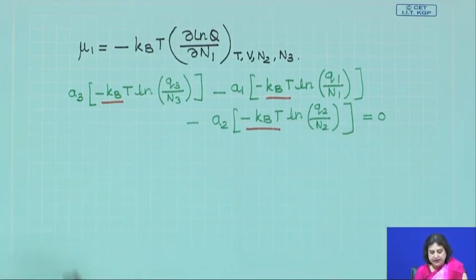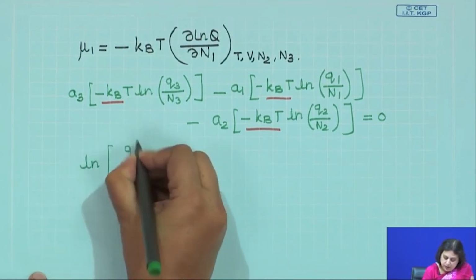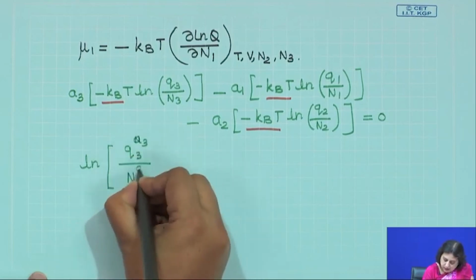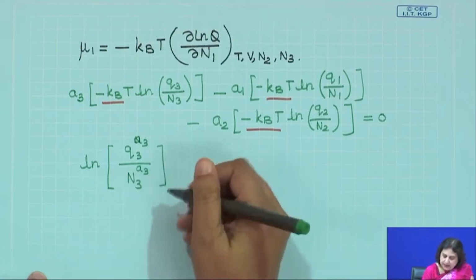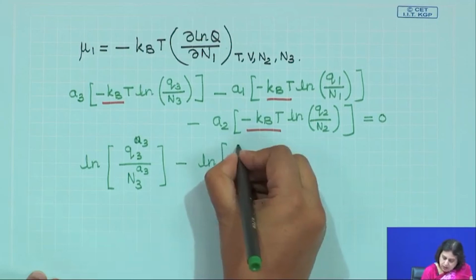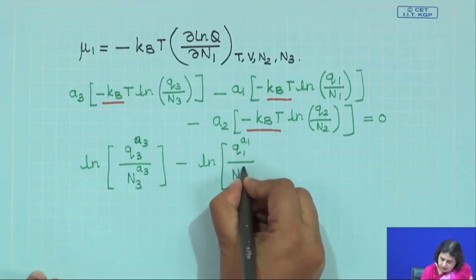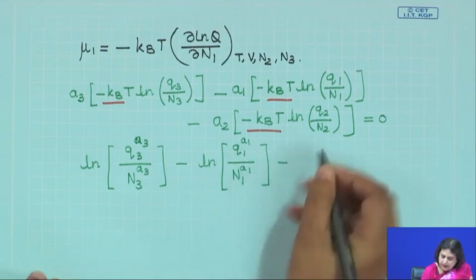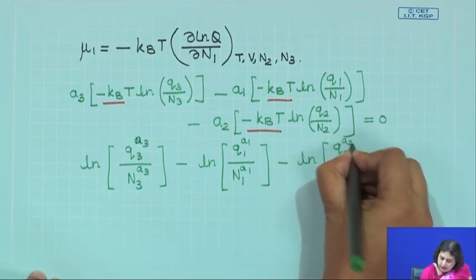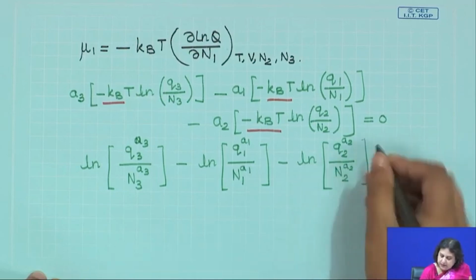So, what I find is that I must have ln Q3 to the power of A3 divided by N3 to the power of A3, then minus ln Q1 to the power of A1 divided by N1 to the power of A1, minus ln Q2 to the power of A2 divided by N2 to the power of A2, that must be equal to 0.